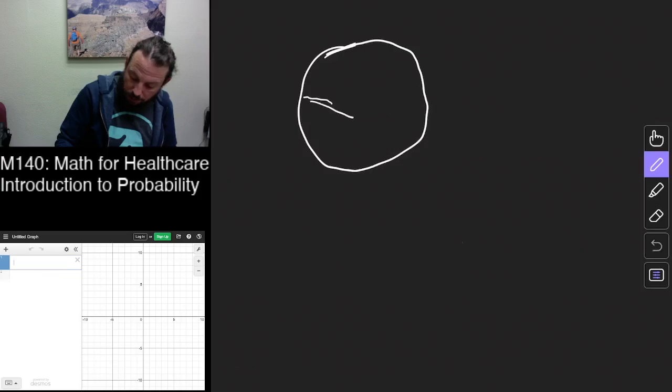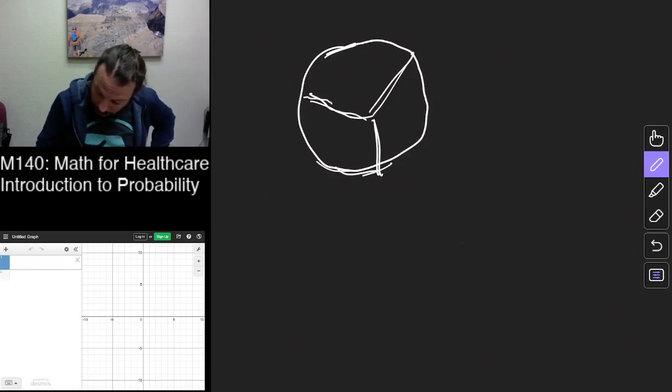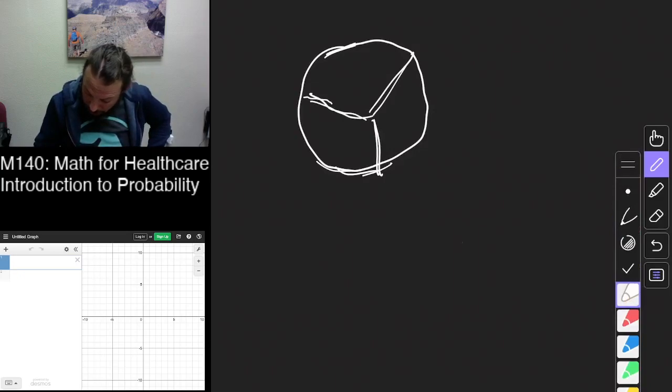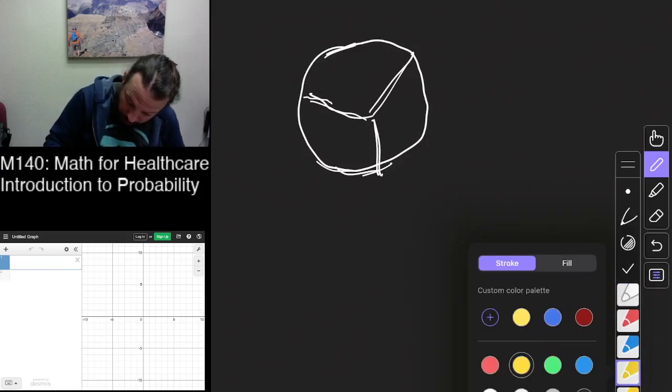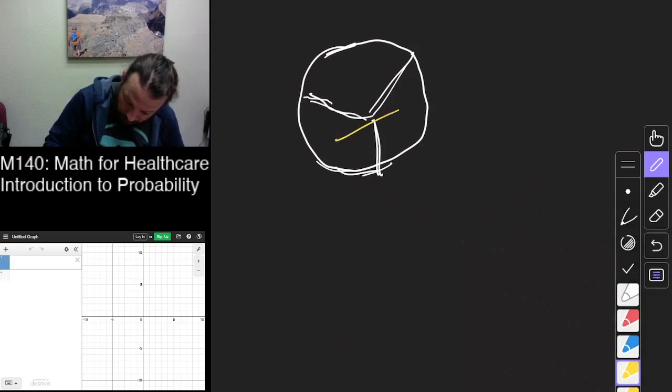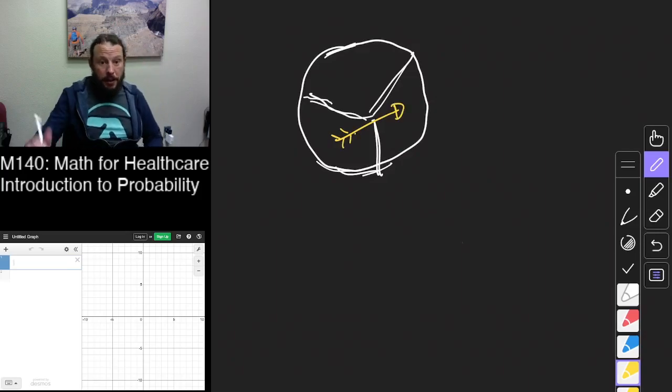I'm not going to be able to draw it perfectly, but basically it's broken into three even pie-like pieces. There's going to be a spinner on here, an arrow, supposed to be in the center, and we're going to spin that.